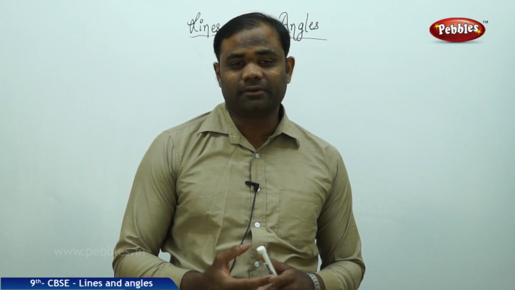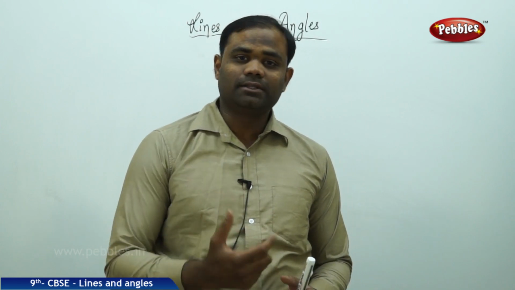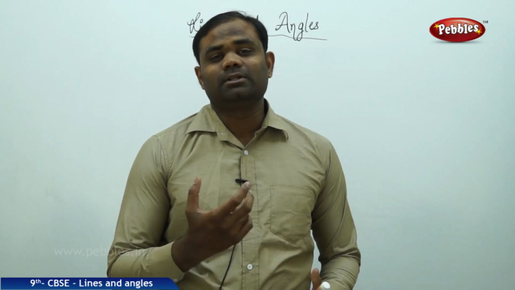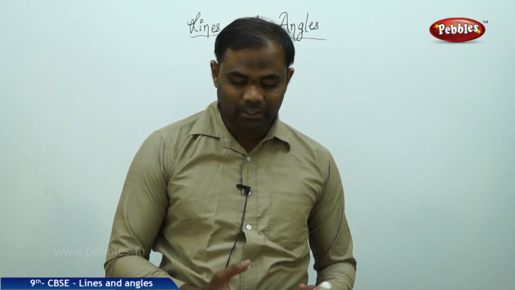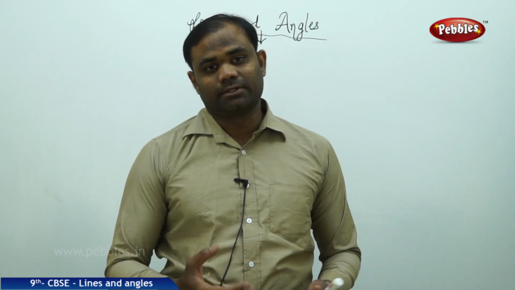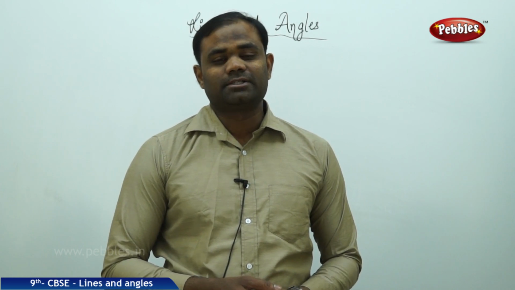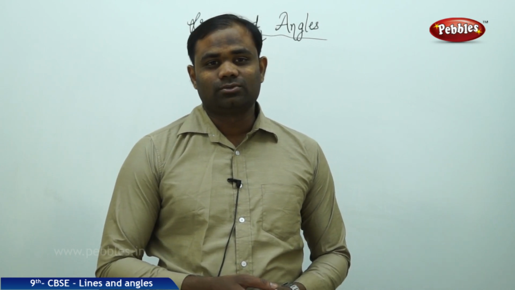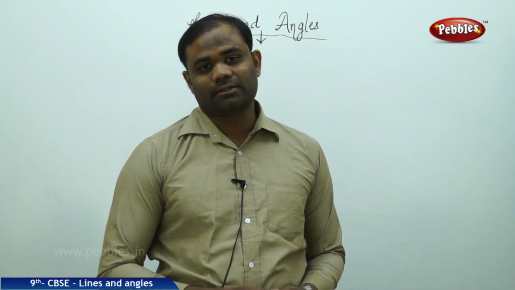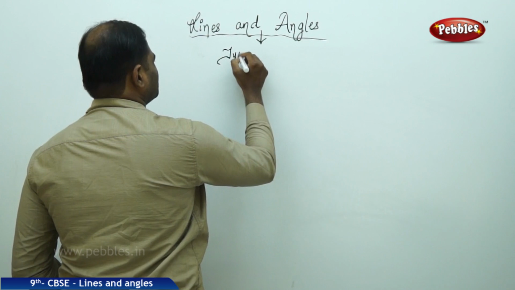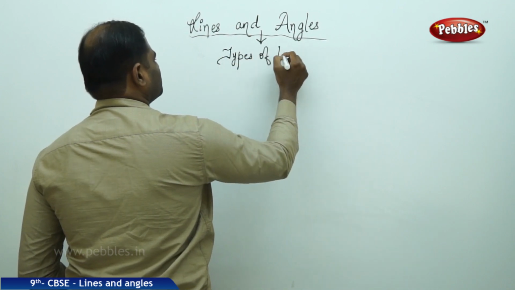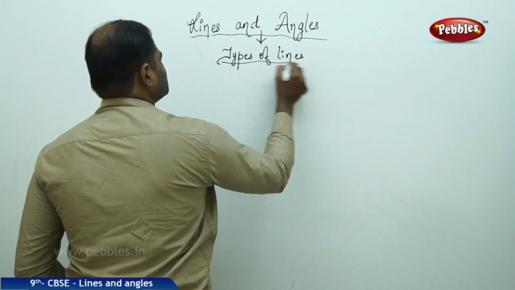Now that we have discussed the different types of angles defined in the lines, let's take the conditions of the possible lines, two lines, whether they intersect or do not intersect, are they parallel, are they coincident, etc. So let's see different cases of two lines intersecting or non-intersecting. So here I have types of lines.